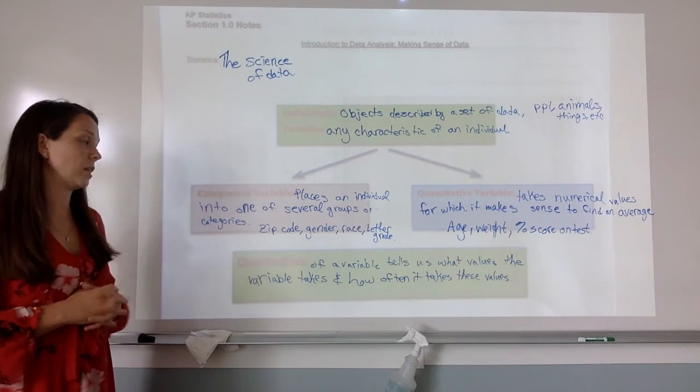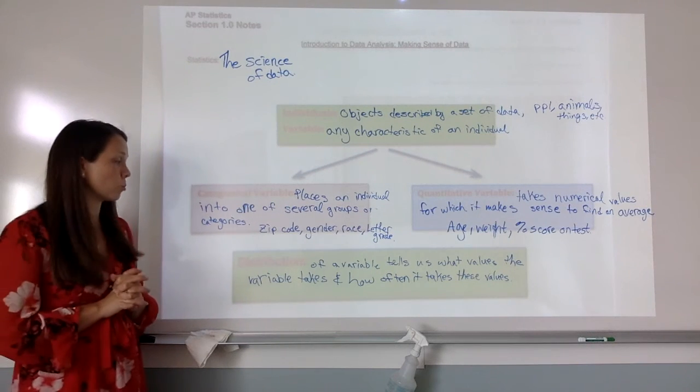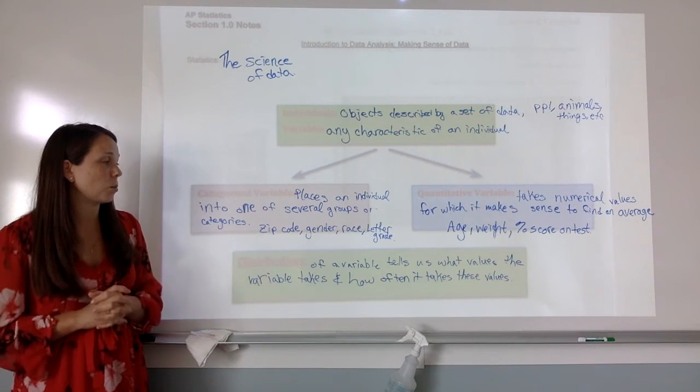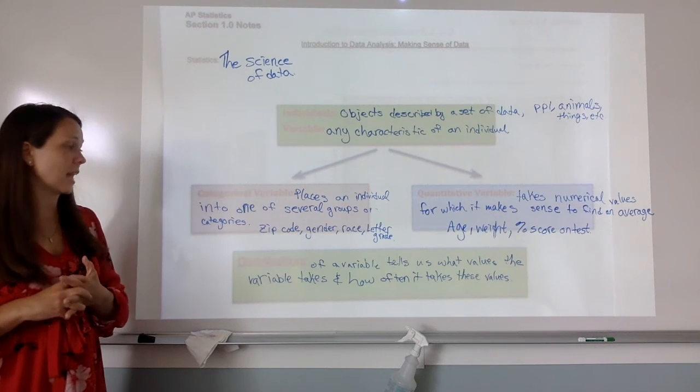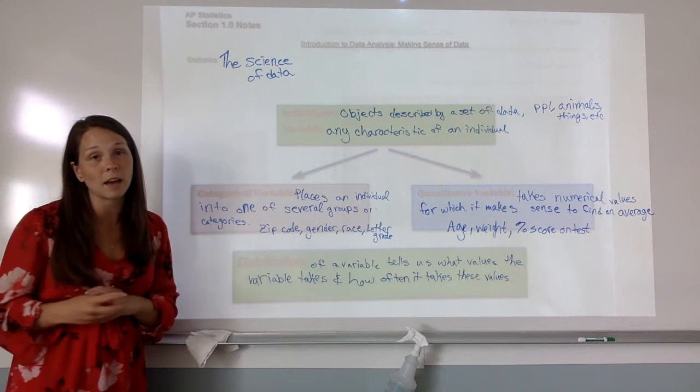The last thing we're going to define on this front page of notes is a distribution. Distribution of a variable tells us what values the variable takes and how often it takes these values.